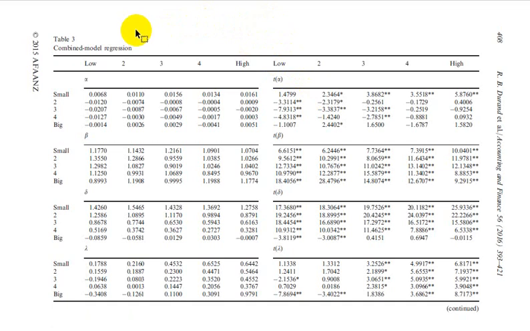So the combined model follows the Fama-French, and as we discussed before, it includes four of the Australian factors and four of the U.S. factors, and these are sorted into 25 different portfolios based on small minus big, so the size quintiles, and the high minus low, which is the value growth quintile. So this will be the book to market ratios.